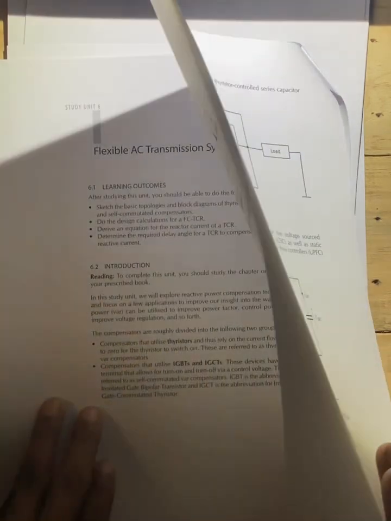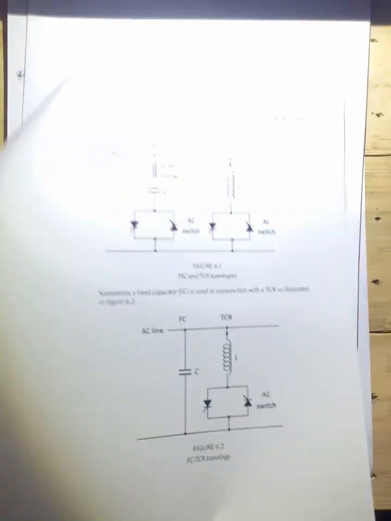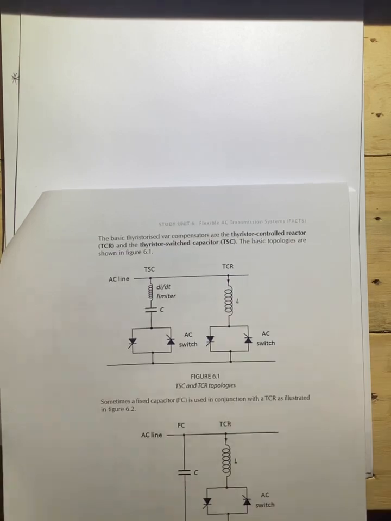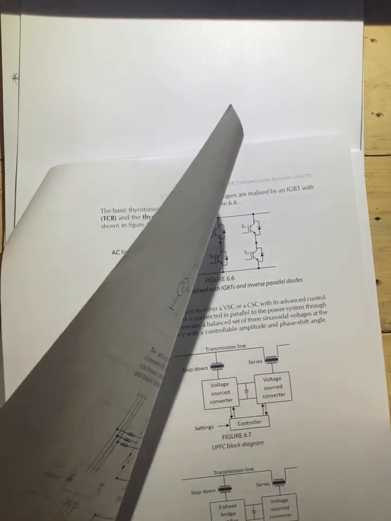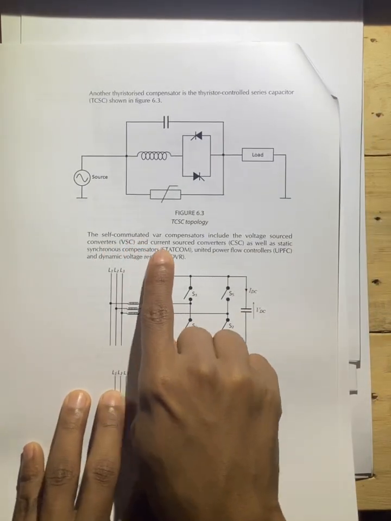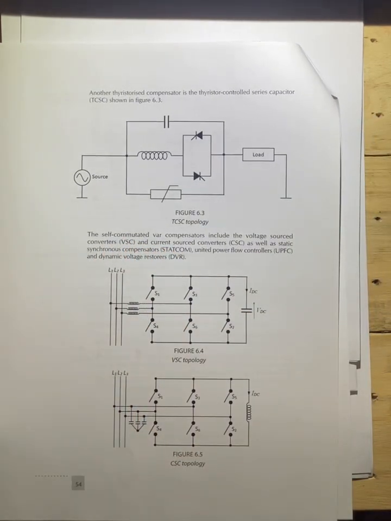Now again, why did we have to page back? Because this is a thyristorized VAR compensator. Remember that, thyristorized VAR compensator, and this is a self-commutated VAR compensator. I'm hoping that we are learning, okay?